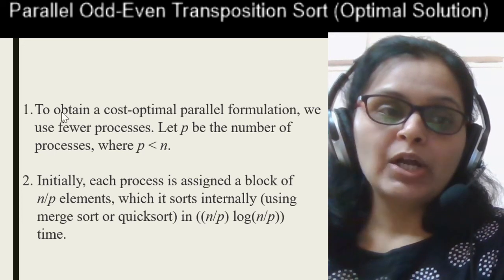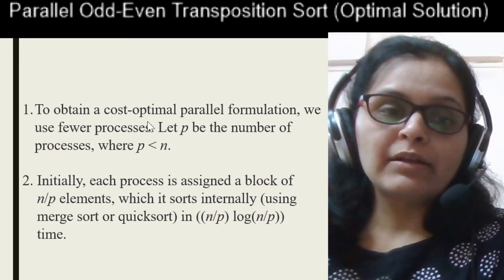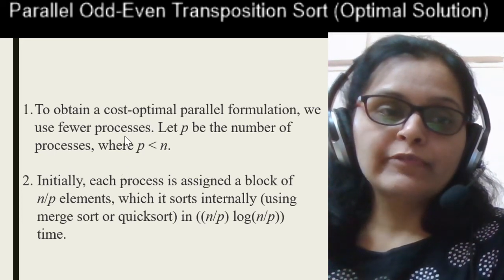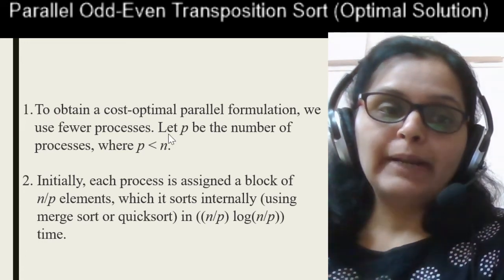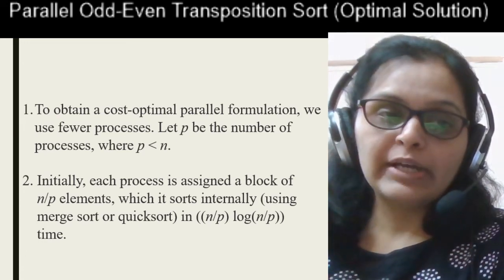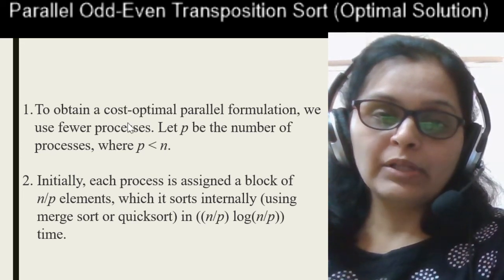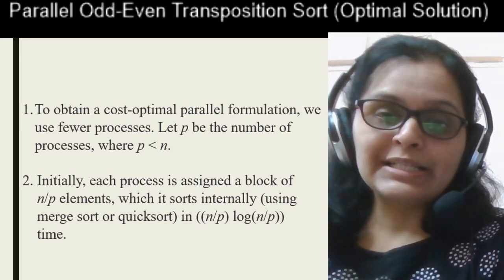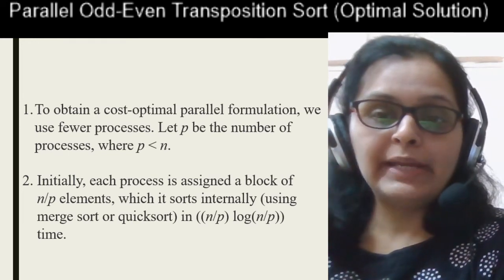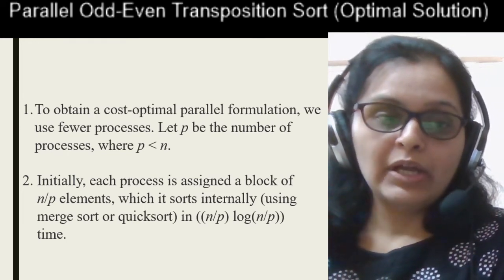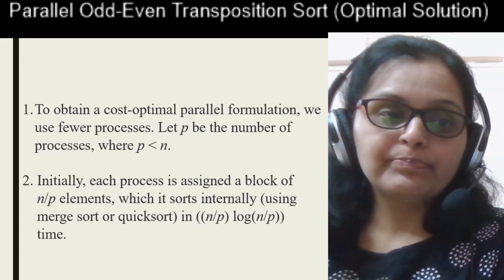So let us start. To obtain a cost optimal parallel formulation, we use fewer processes. So let P be the number of processes where P is less than N. I hope the first step in the algorithm is clear. P is less than N. In our case, P is 4, N is 12. So let us go to the second step.